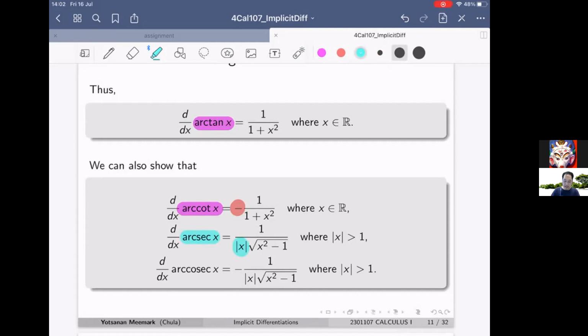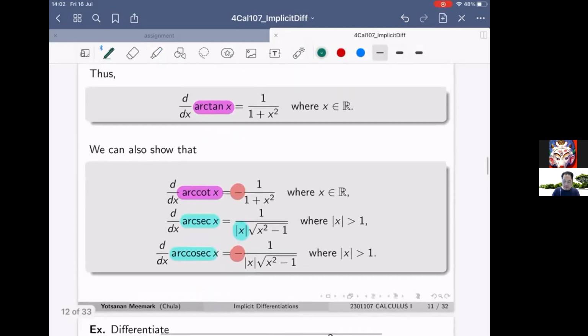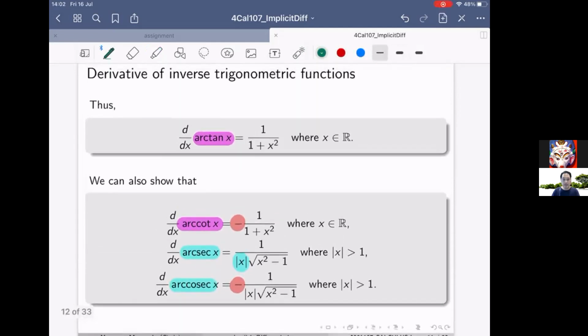They pair up with the arccosecant of x, which will be the same function but with a negative. So again, all the ones with a co will have a negative and all the ones without the co will have a positive. And if we attach them with the chain rule, we may write it down in this way.